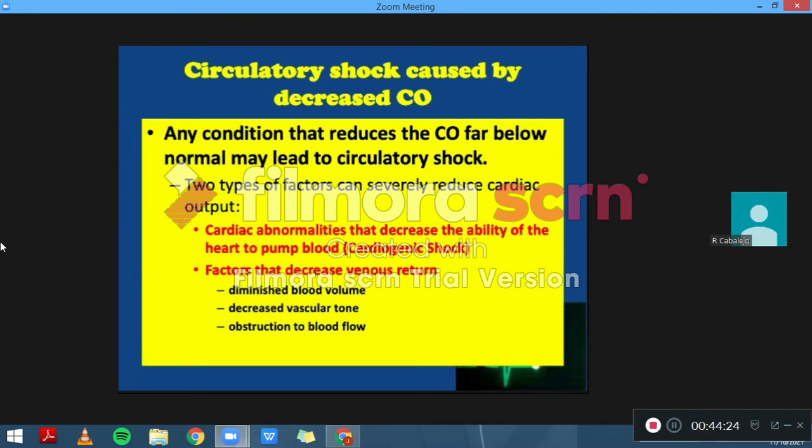So you have diminished blood volume. An example of this would be an acute hemorrhagic shock, because of the acute diminished blood volume. And then you also have decreased vascular tone. The classic example of this would be your neurogenic shock. We'll discuss them all later. And then you also have shock secondary to a mechanical obstruction to your blood flow.